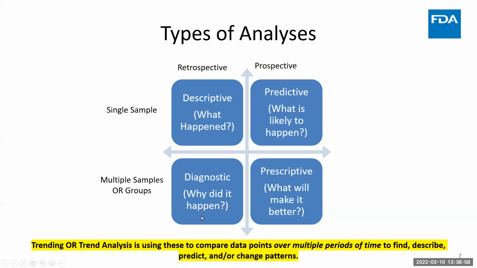And this does include trending. We can do basic trending analysis with descriptive analyses, and more advanced trending can be done with diagnostic. Now I'll pass it to Steve for the next slide.